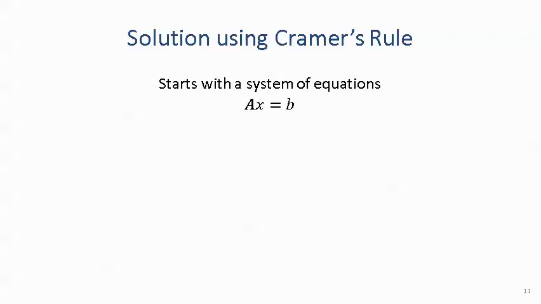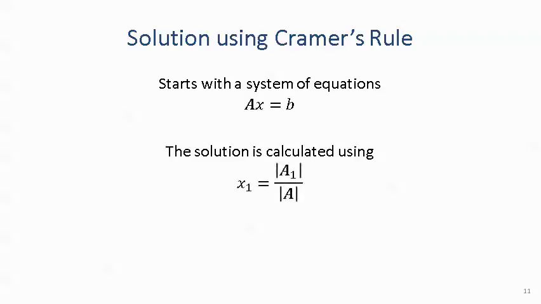Our matrix A times the unknown vector x equals the result vector B. So our solution using Cramer's rule is calculated such that the first unknown, x1, is found by replacing the first column of our matrix A with the result vector and finding its determinant, and then dividing that by the determinant of matrix A. Similarly, the second unknown will be found by calculating the determinant of a matrix with the second column replaced by our result vector, and again that divided by the determinant of matrix A.